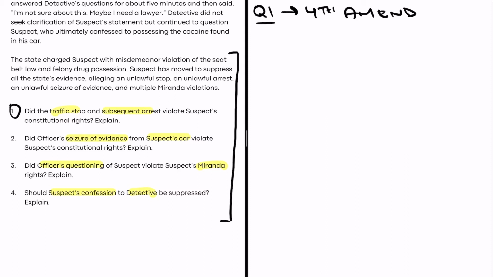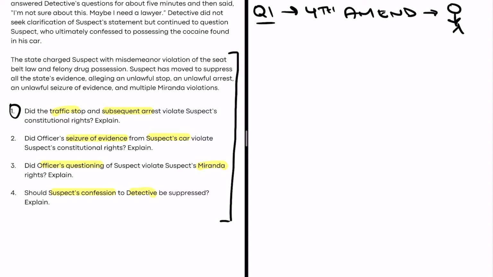When we see a traffic stop and subsequent arrest, and we're wondering whether the stop and the arrest violate the suspect's constitutional rights, we know the Fourth Amendment guarantees protection from unreasonable government searches and seizures. This is both seizures of a person and searches and seizures of evidence. In question number 1, we're dealing with seizures of a person. This is not about an evidentiary search and seizure. This is a stop of a human being and an arrest of a human being.